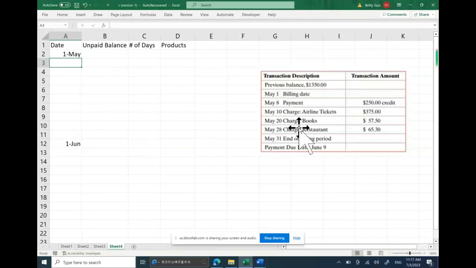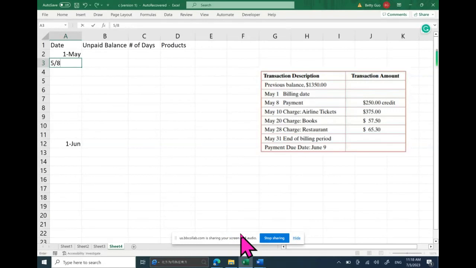And then we are going to list the dates on which your balance changes. Either you deposit a payment, reducing your balance, or you purchase a product or service and add money to your balance. So based on the information on this table, we have May 8th.